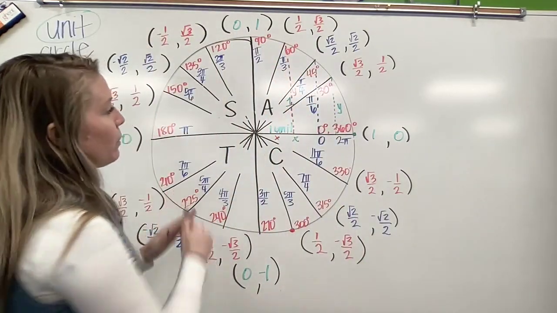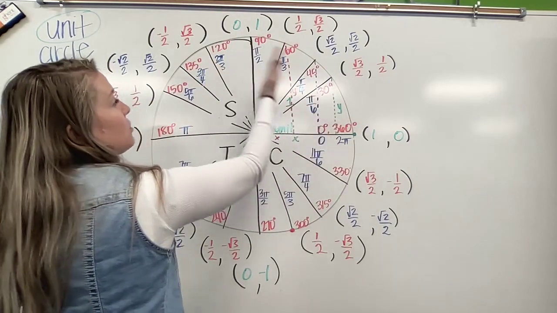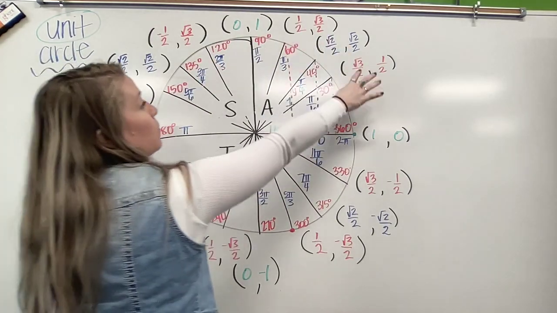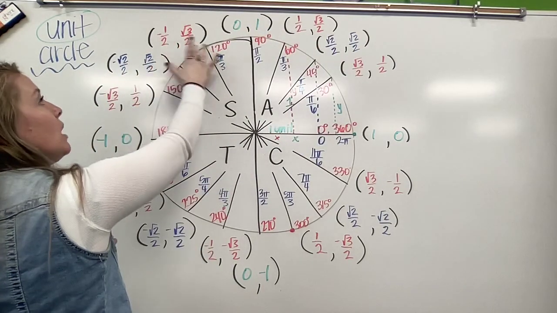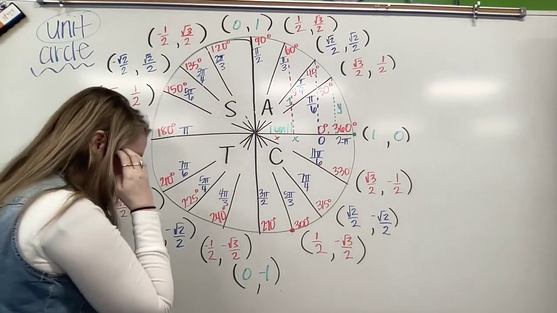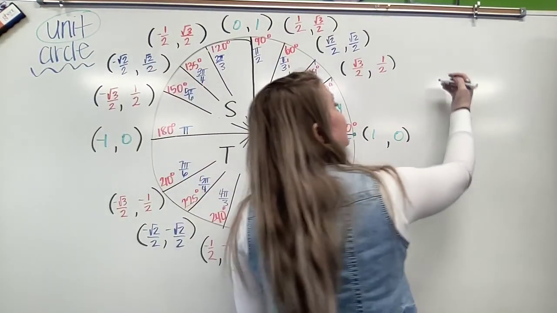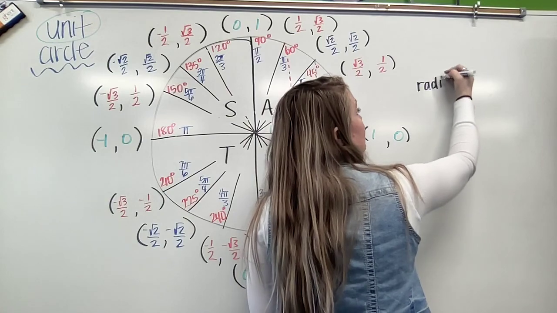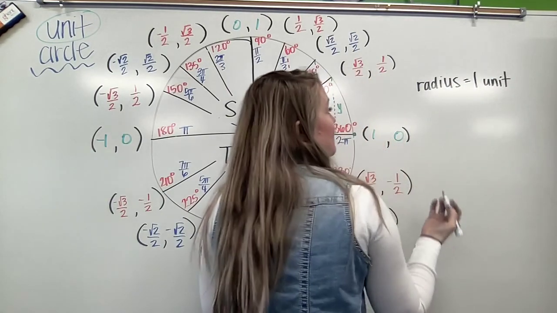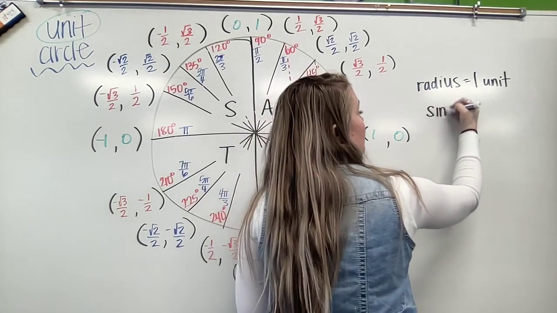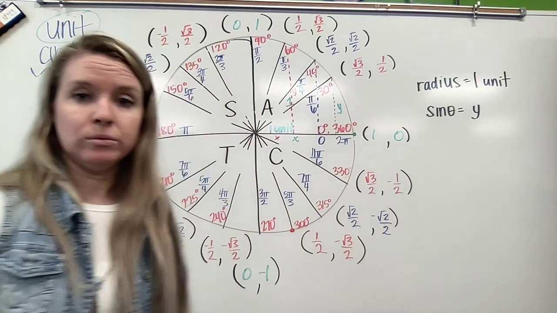So far, we went through and we did our angle rotations, and we converted our angles into radians. We also plotted the point as it travels around the circle, at what value that point is at. The cool thing about this is since our radius is 1 unit, this is telling me that the sine of any of these angles is my y value.